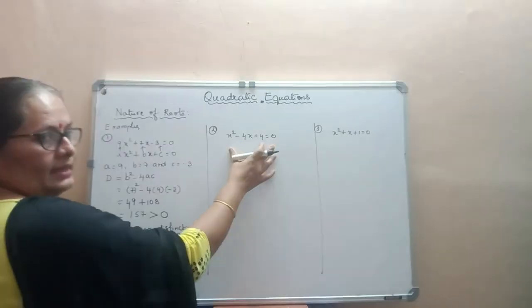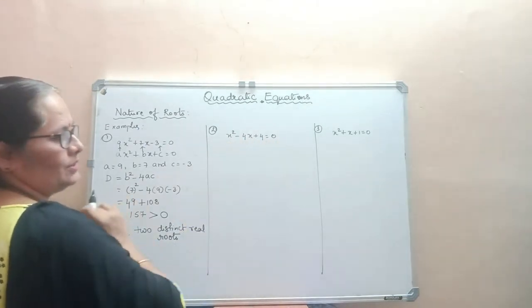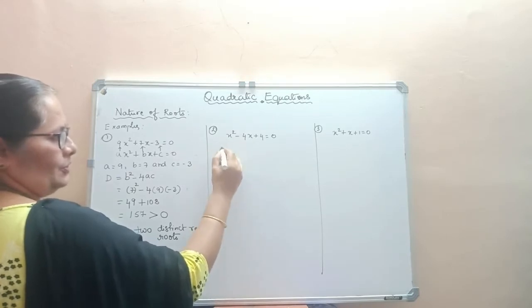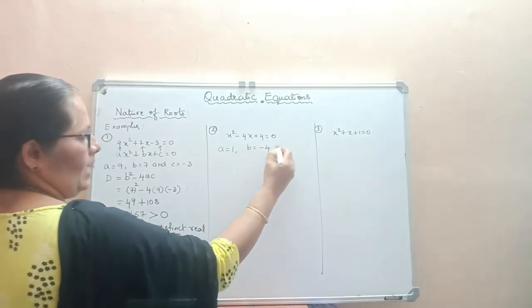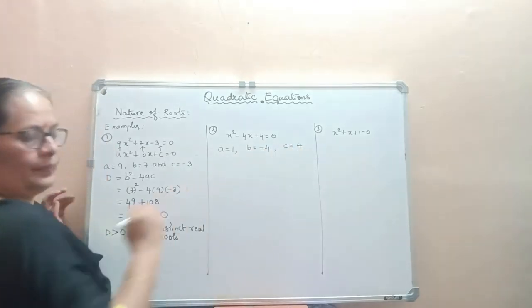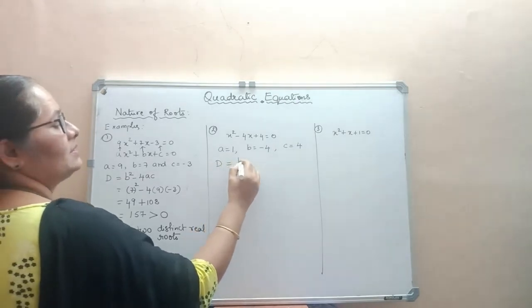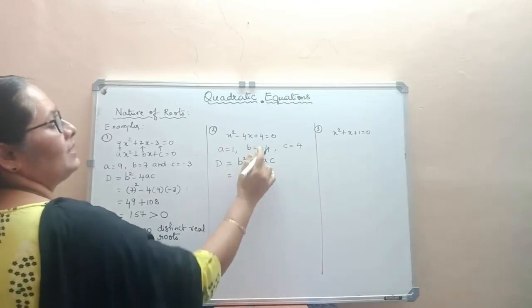Now we take another example here. x square minus 4x plus 4 equals to 0. So in x square, the coefficient a is 1, b is minus 4 and c is plus 4. Now find out the discriminant, that is b square minus 4ac. What is b here?